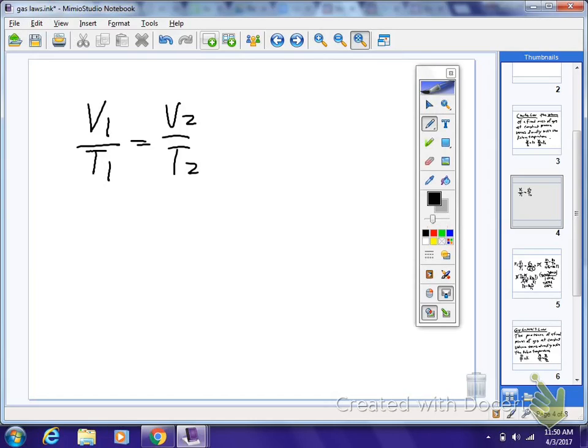Okay, so we're going to take this flask here. We're going to cool it off a little bit. So I'm going to get a container where I can cool it down. We'll say that the temperature of this water is about room temperature, which is 20 degrees Celsius.